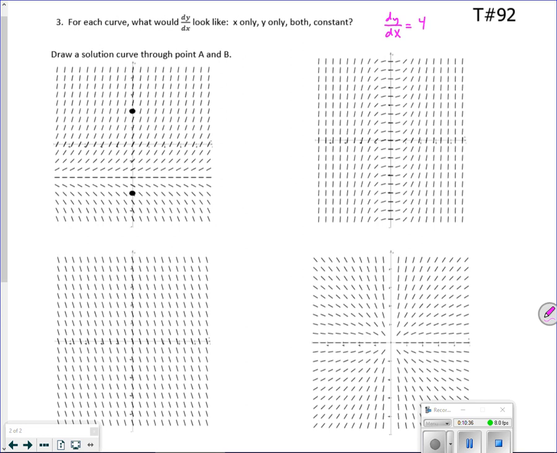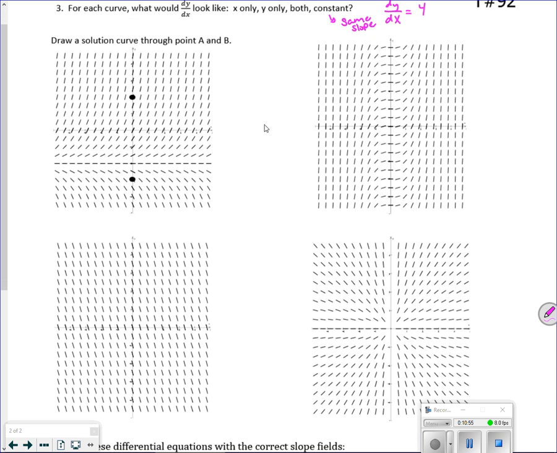That means it's not dependent on x or y. So if it's constant, then the rows and the columns, you're going to have the same slope at every single point. So which one is that? Well, obviously, that's going to be this guy. Now, which one is going to have x only?